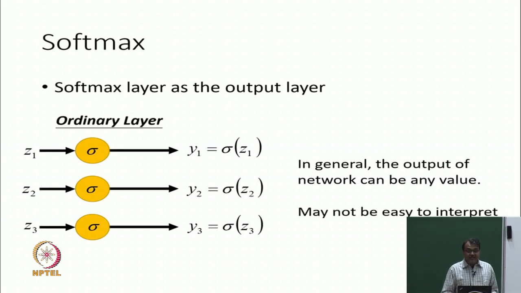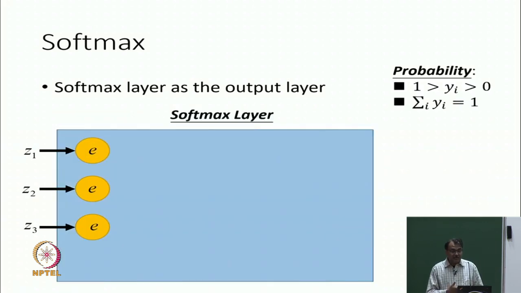And moreover, zi's may not be easy to interpret because they are coming from some complex combination of the network, and we don't know what is going on and why it is producing a large number. But let's say we want to enforce that these probabilities sum to 1. Then it's not very hard to do this, and the way we are going to do this is what is called the softmax layer.